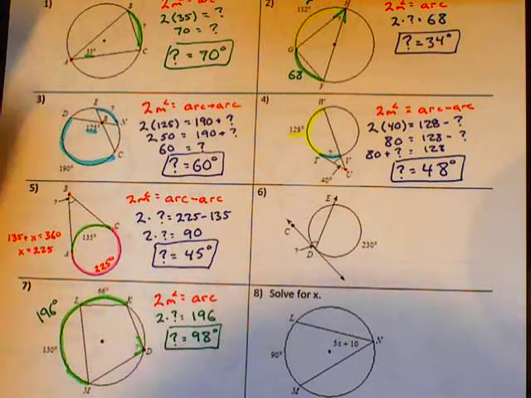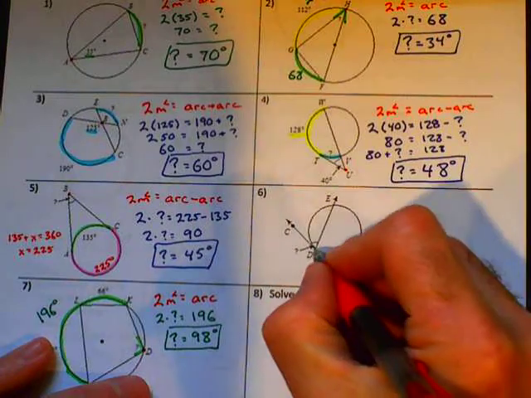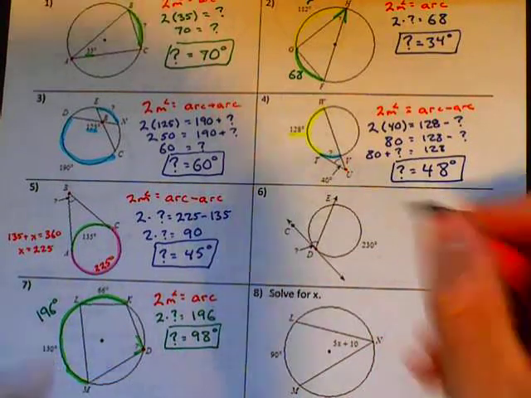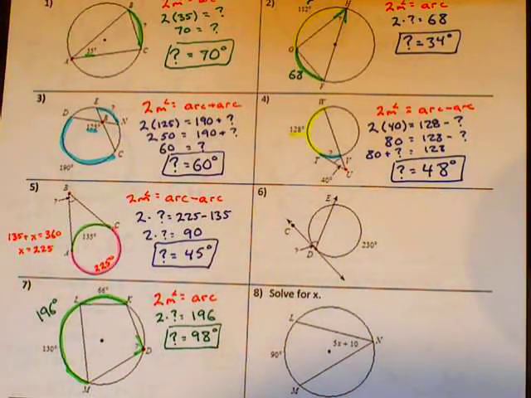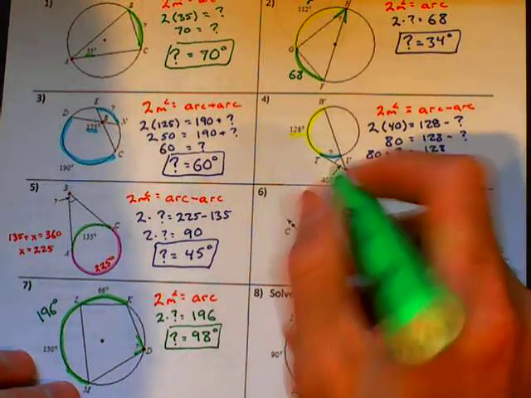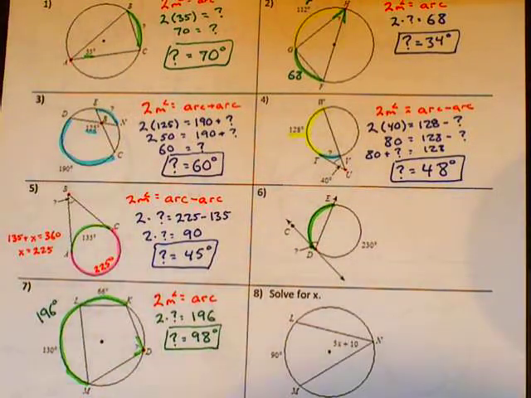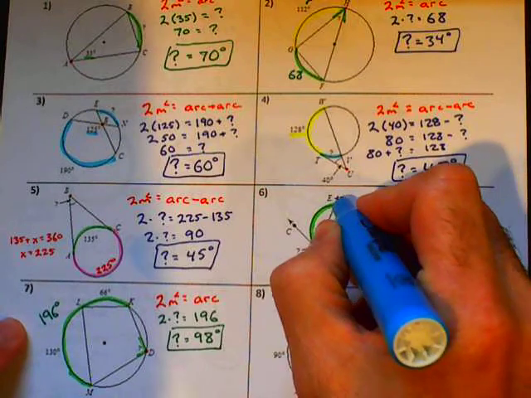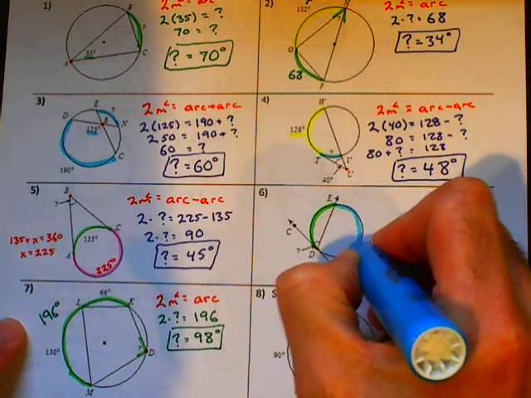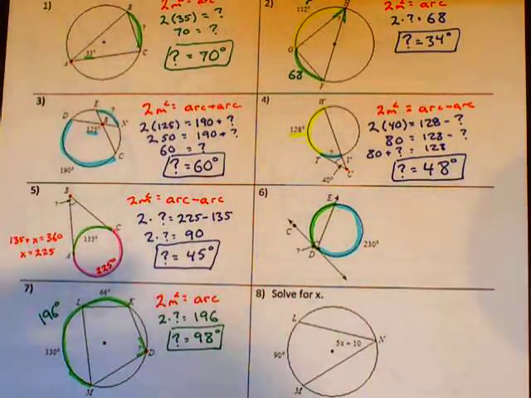The next one, number 6. Vertex is on the circle. That means that we need this angle measure and this arc measure. We don't have it, but we do know that that green plus this blue will add up to 360.